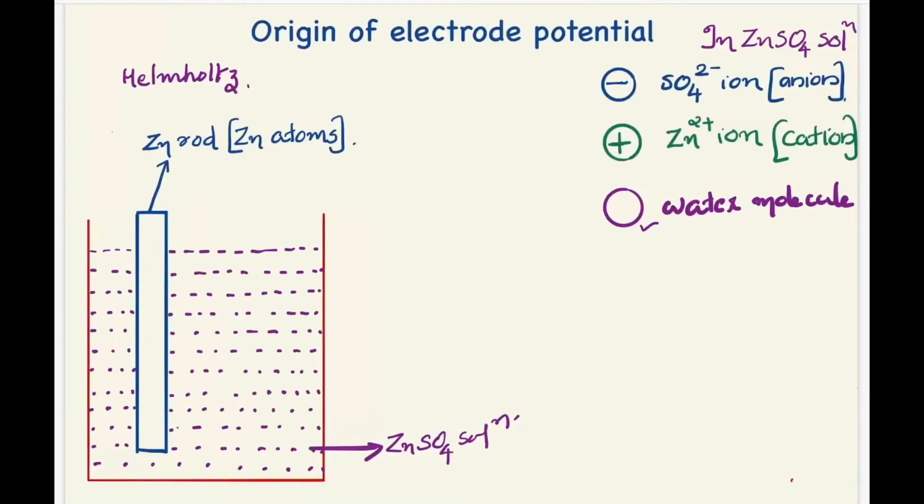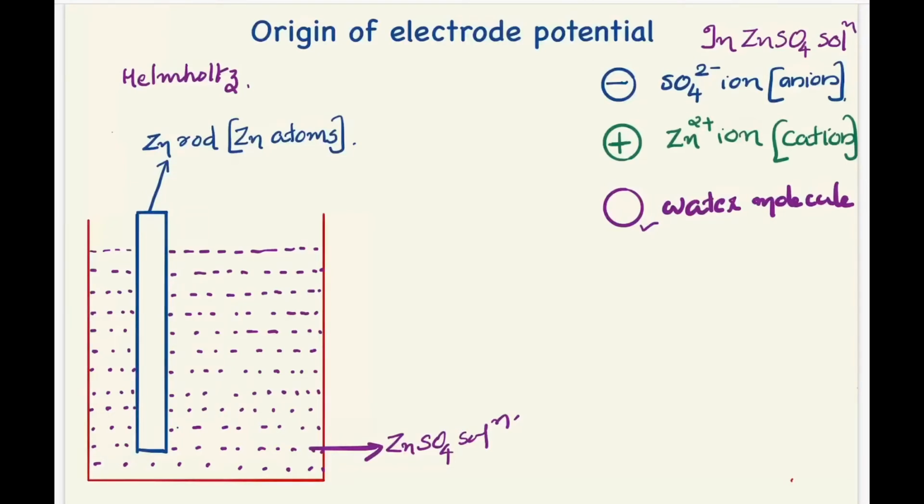That means the charge density, a very small charge density creation, is of positive charge in metals. So all metals have a tendency to absorb negatively charged anions. The zinc sulfate solution contains numerous sulfate anions. Among those sulfate anions, some will move towards the metal rod and get absorbed on the surface.